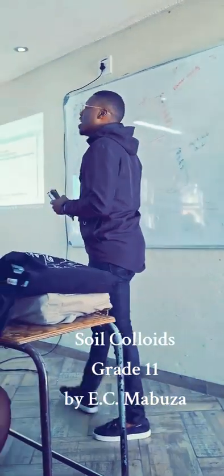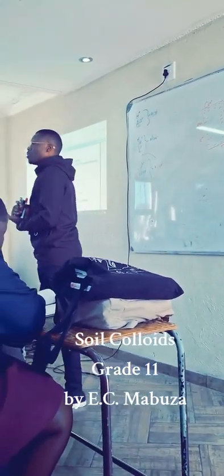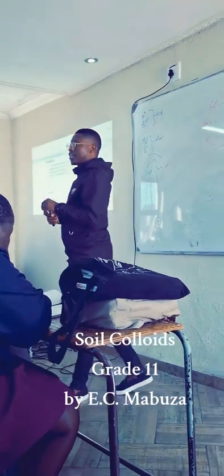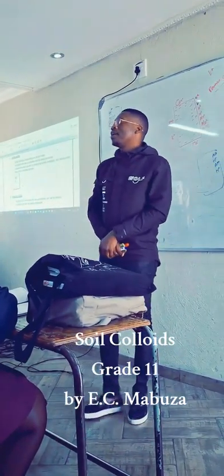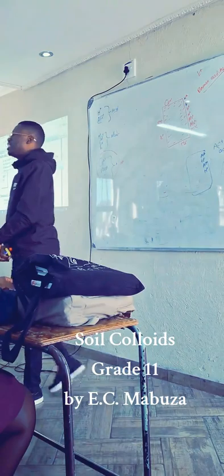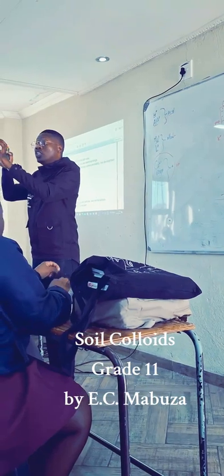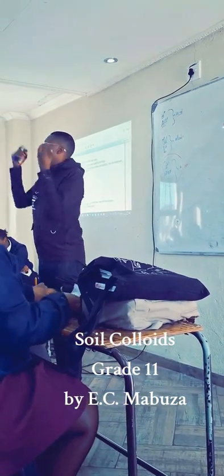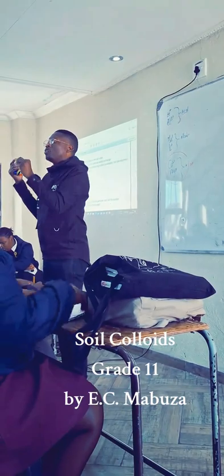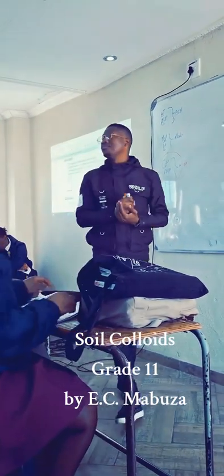Right. So hydrogen and aluminium, both the cations, are now concentrated where? In the soil solution. What solution or solvent are we talking about? The water in the soil.